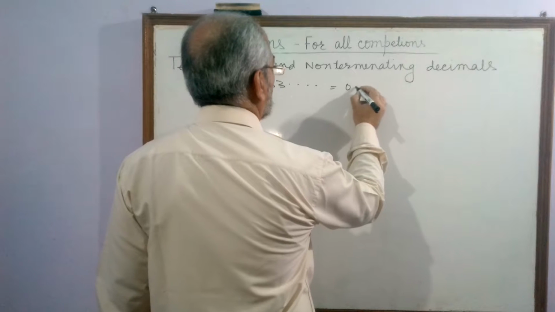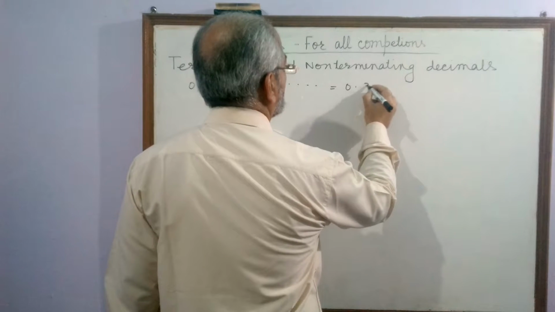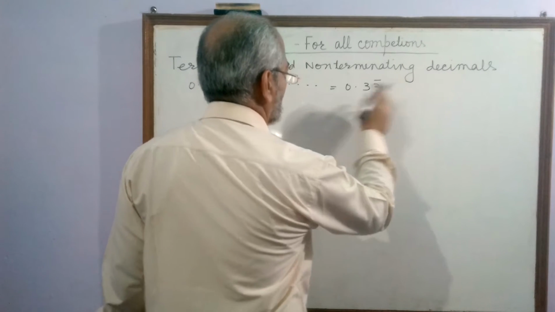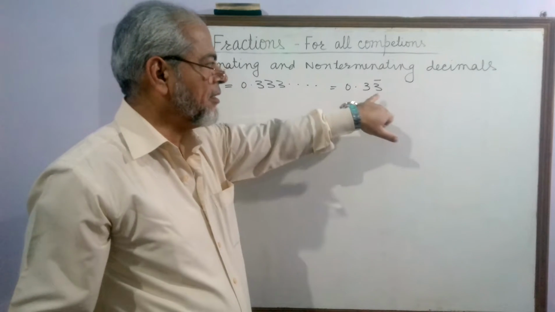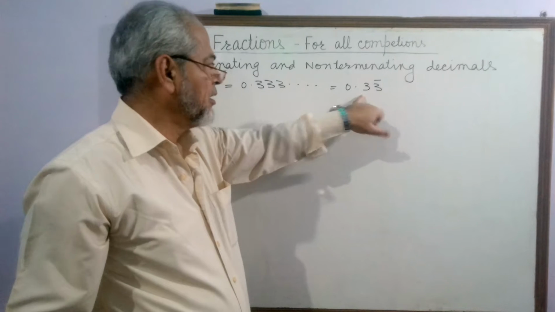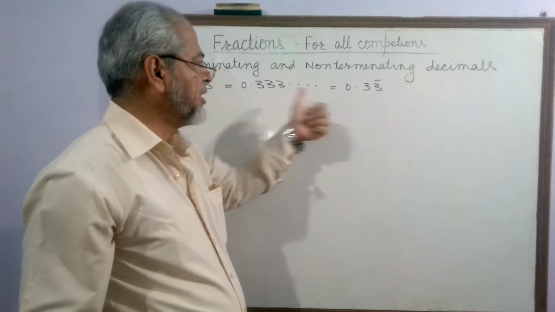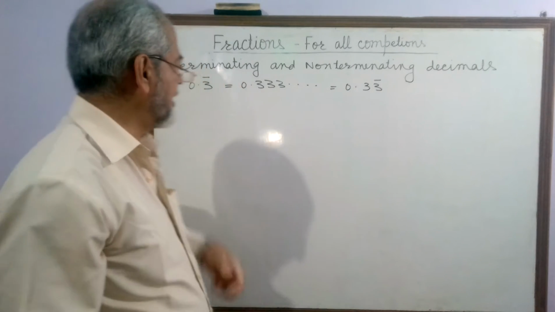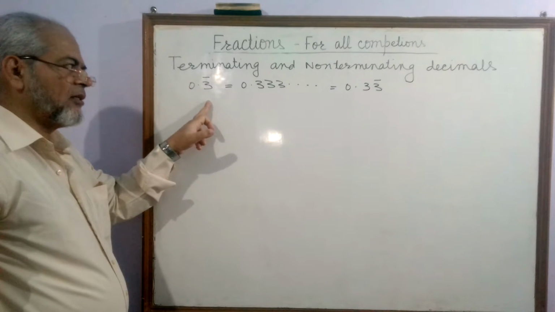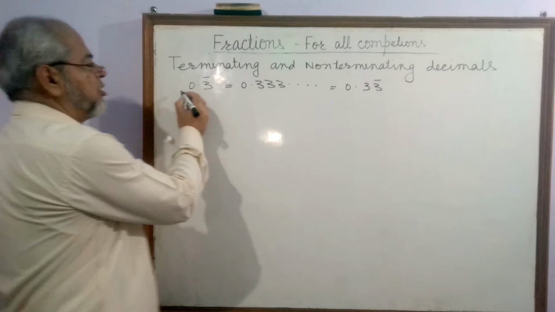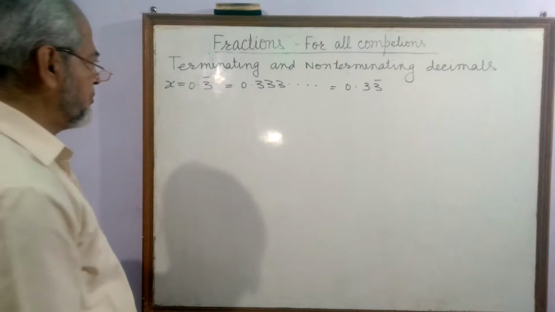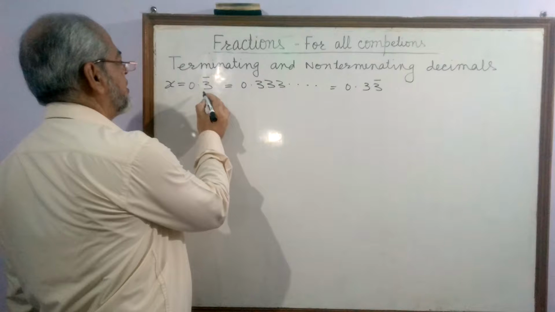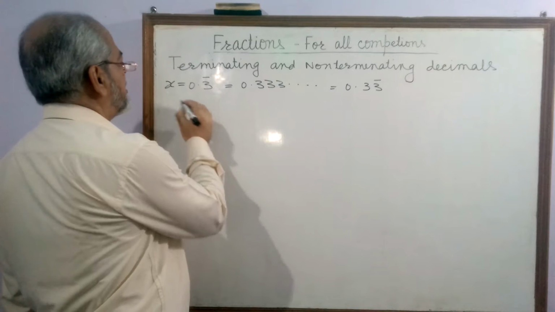If you put it like this, 3, 3 bar, again it is same. That means 3 is repeated and before that is also 3. So it doesn't matter whether you write it like that or like that or like that. All are same. So you can assume that this is x. Now multiply this number by 10.